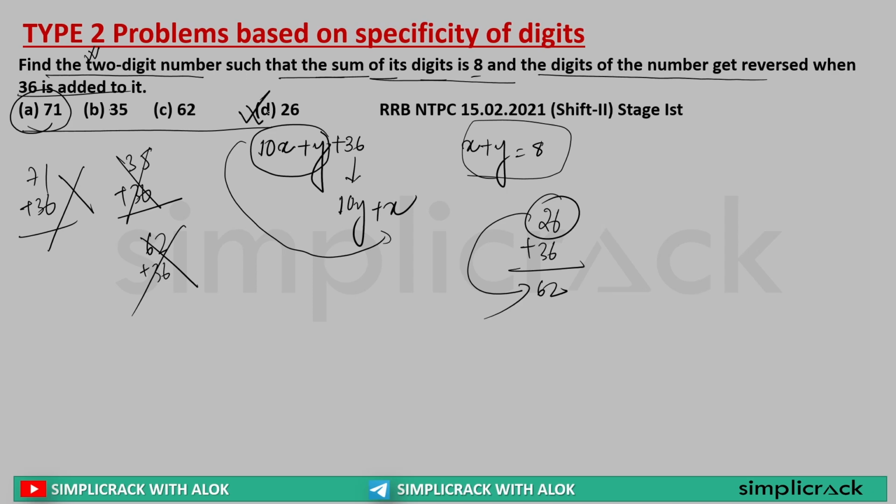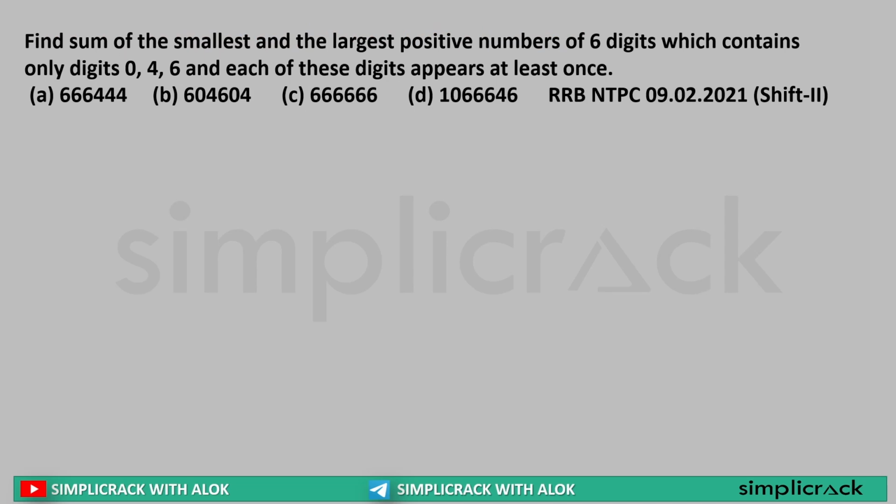This is my option, and 2 plus 6 is 8, so the sum of digits is also 8. This is how you should solve this question. Seeing the options, directly jump into the options. You do not need to go through all these things. Clear?